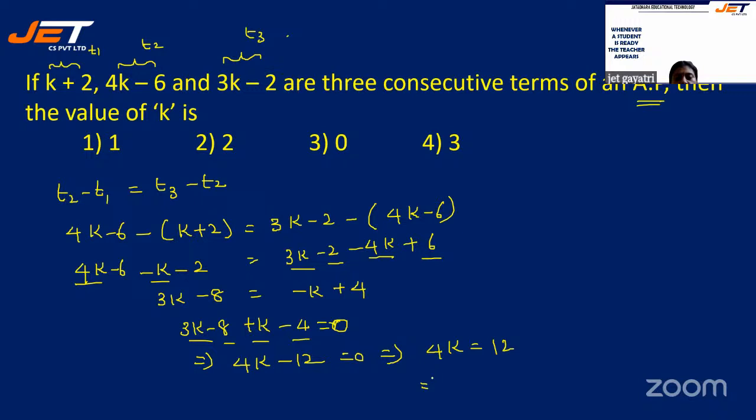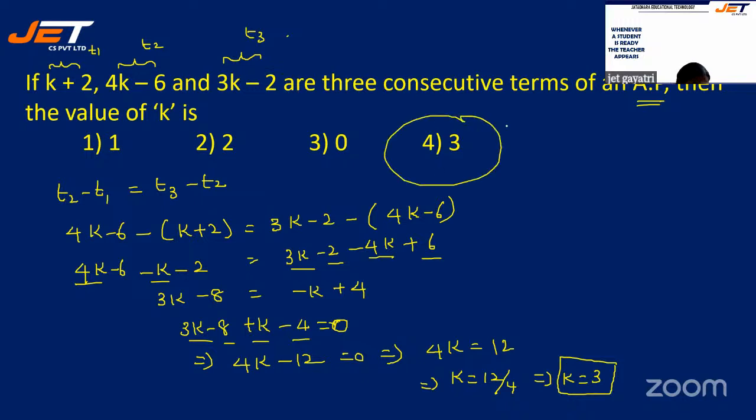So k is equal to 12 by 4, which implies k is 3. So your answer must be option 3. Let's see and check whether our answer is right. Yes. Alright students. So hope you all are getting the same answers. Let's move on to the next sum.